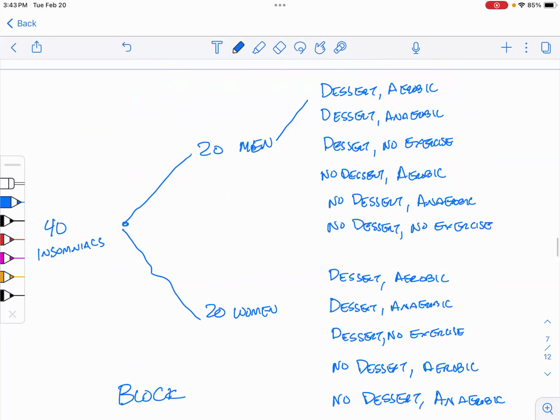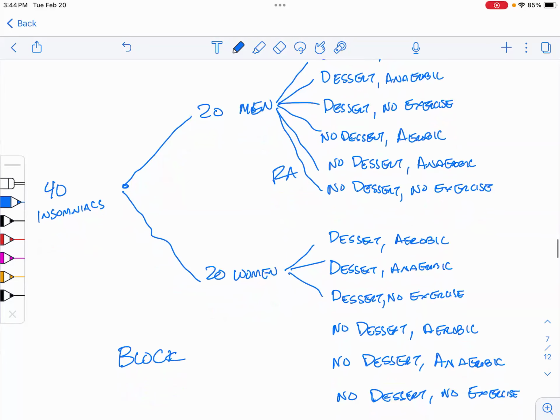Okay, so the RA, and the good news is that our RA is still exactly identical. I'm going to roll a die and assign the 20 men to a treatment group just like we did before. Then I'm going to roll a die and assign the 20 women to a treatment group.